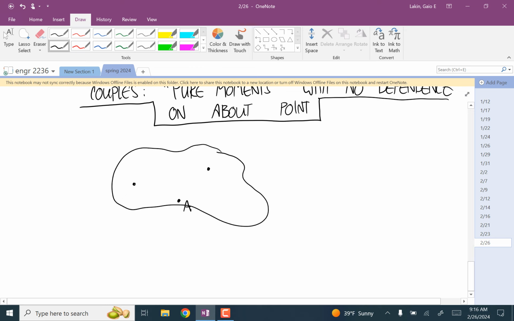And let's say we have a force F this way. And then at this one, we have an equal and opposite force, negative F. Okay? These are equal and opposite forces. That's why it's called a couple. They always come in pairs like this.